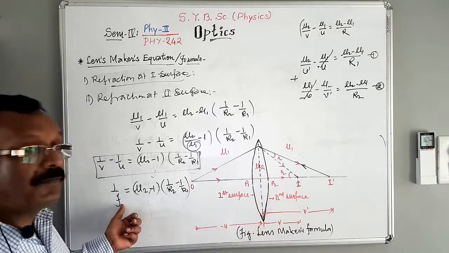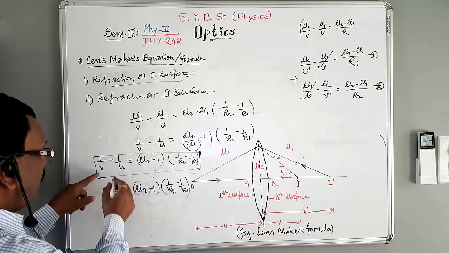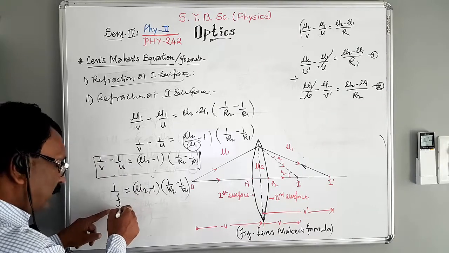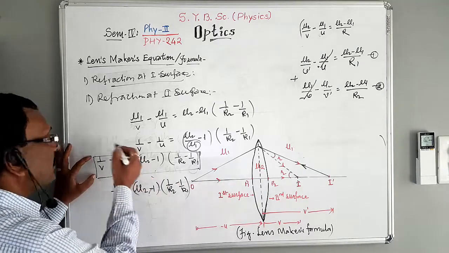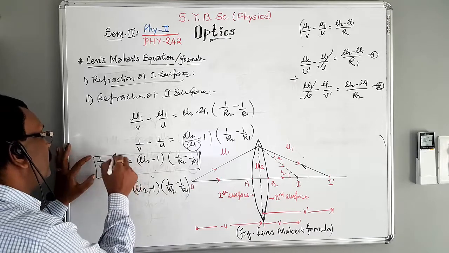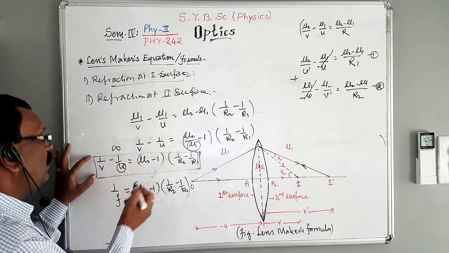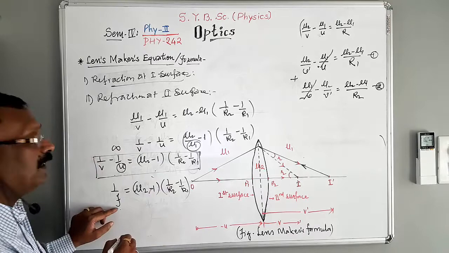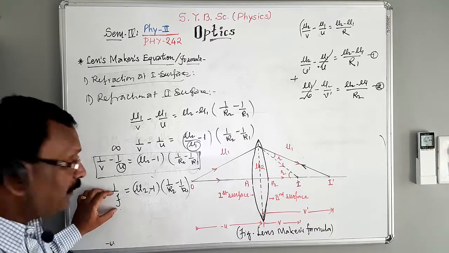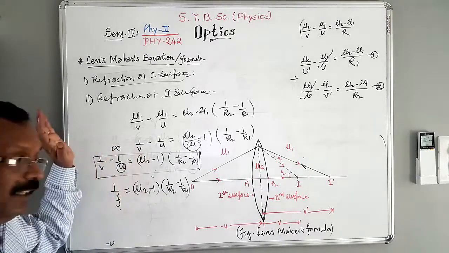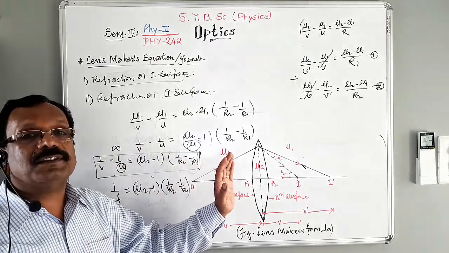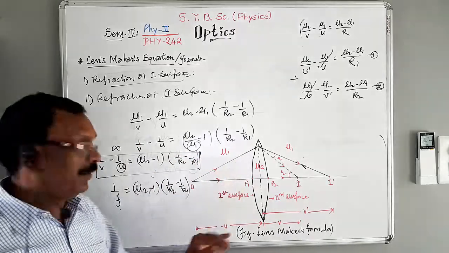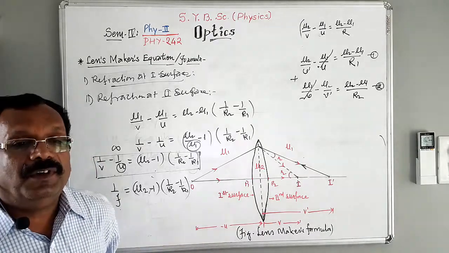This is also possible by using the lens formula: when the object is placed at infinite distance, 1 upon infinity is equal to 0, and then 1 upon f is nothing else. Because the image is formed at the focus, v is equal to f, and therefore this is the formula.